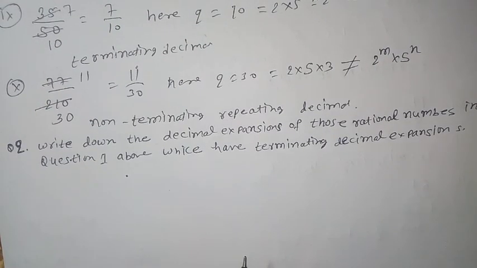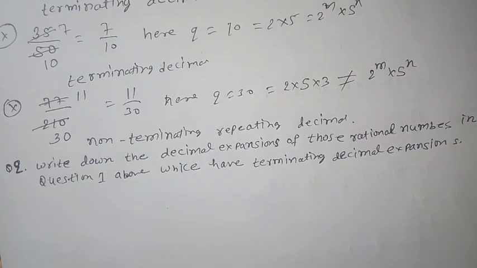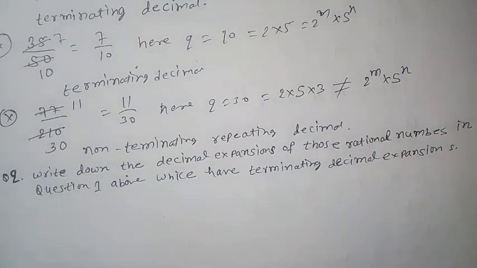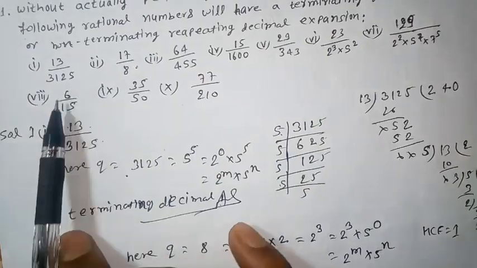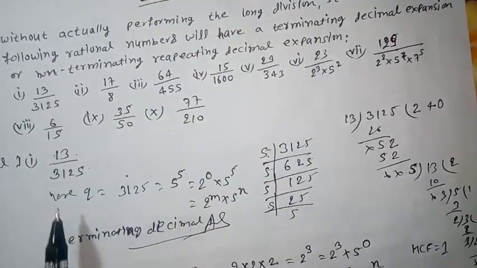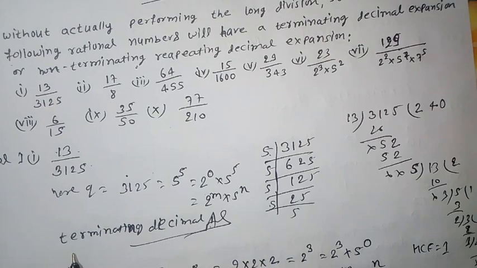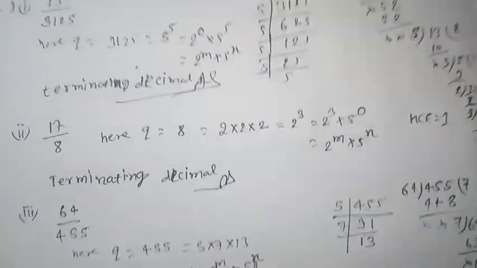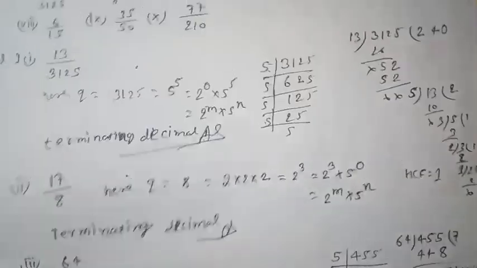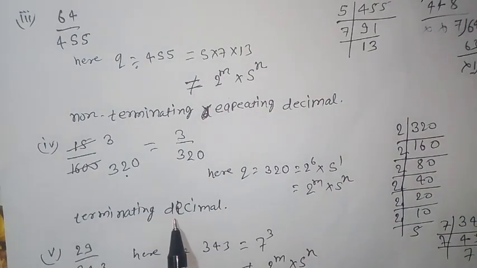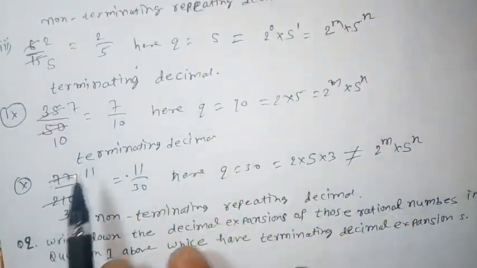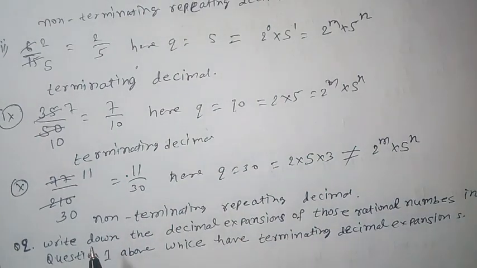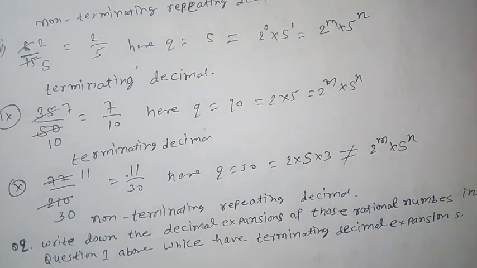In question number 1, now see, questions 1, 2, 4, 6, 8 and 9 are terminating decimals.